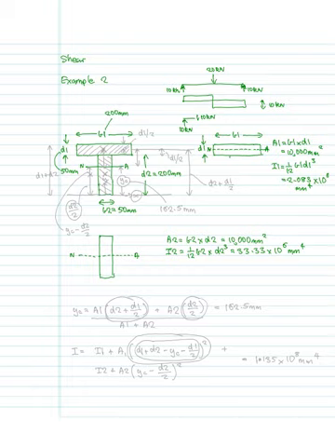So we need to work out the position of the centroid, and we're going to call that YC. So let's just say we want to calculate the centroid relative to the bottom face. So taking moments about there, we want to work out what YC is.